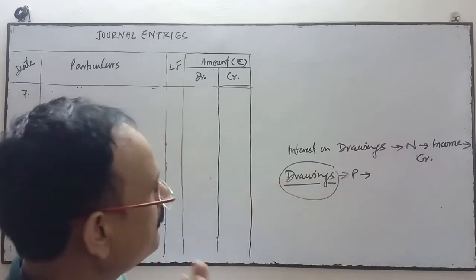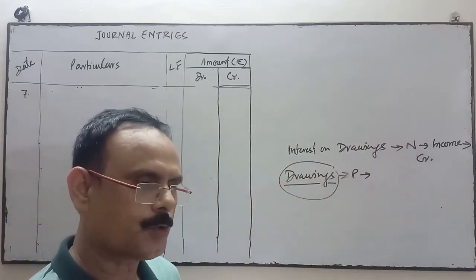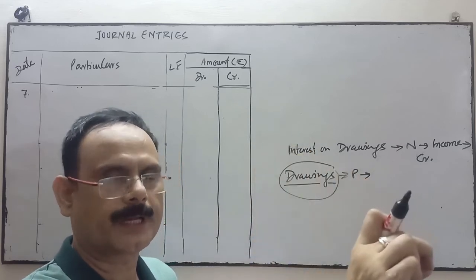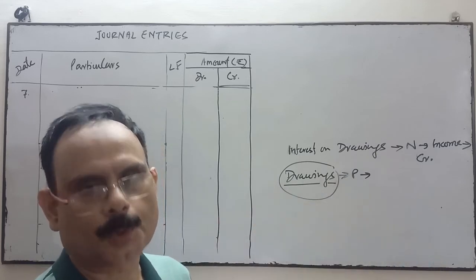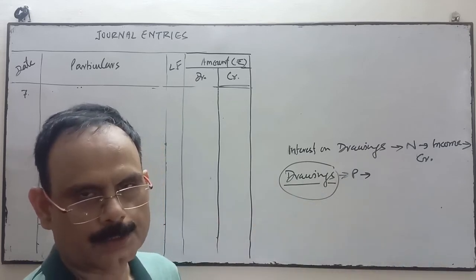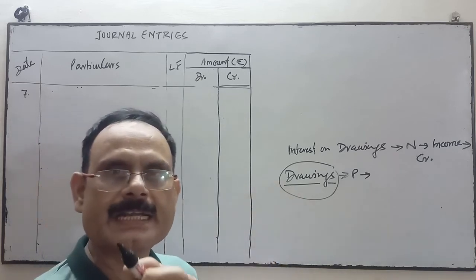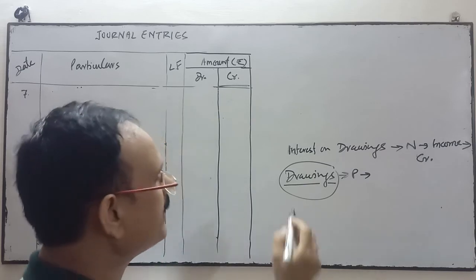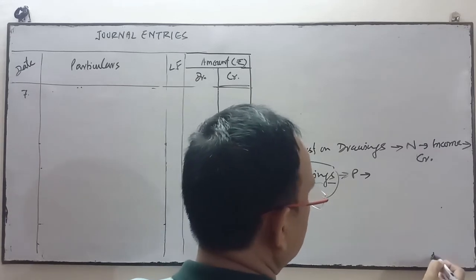Is it clear? Thereafter come to drawing. Drawing comes under personal account. When the business charges interest on the amount of drawing and that interest is not given by the proprietor to us, what does drawing indicate? Drawing indicates the proprietor. So the proprietor is the receiver of that amount.